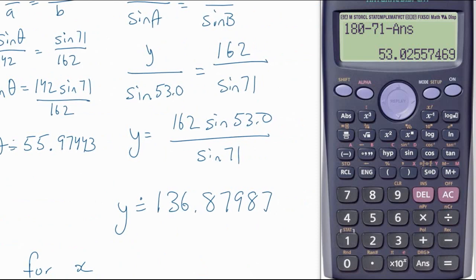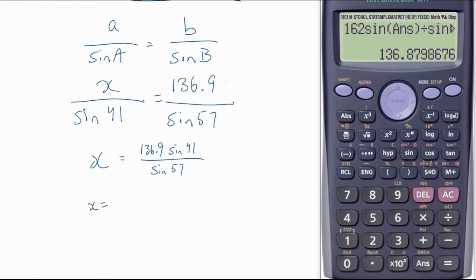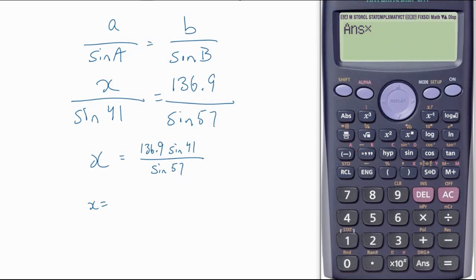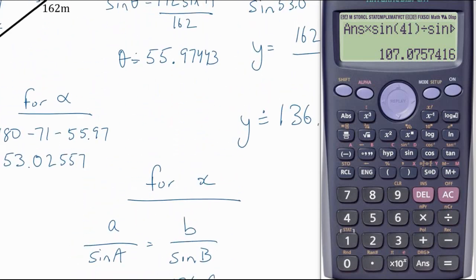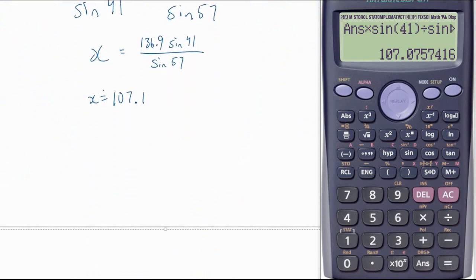Then I did 162 sine of that number divided by sine 71 equals, okay, I've got that answer back, times sine 41 bracket divided by sine 57. And I get 107.07, so 0.1. Okay, and we are talking meters in this case.